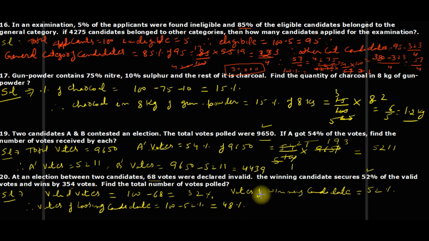So therefore 52 minus 48% is equal to this 354. 52 minus 48, 4% equal to 354. Therefore 100% would be 354 upon 4 multiplied by 100.